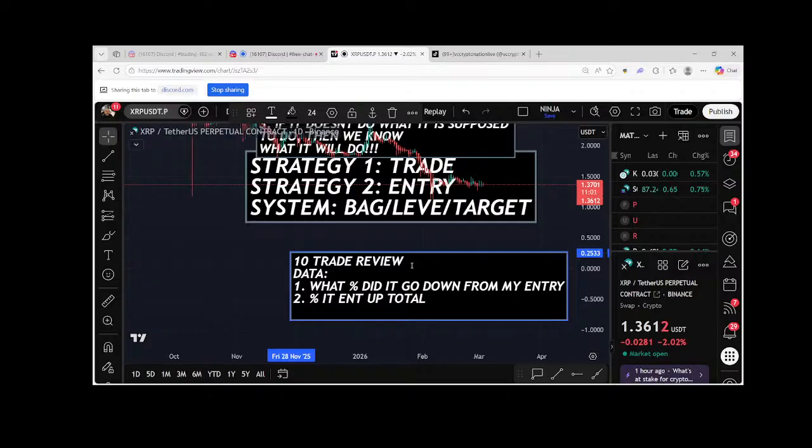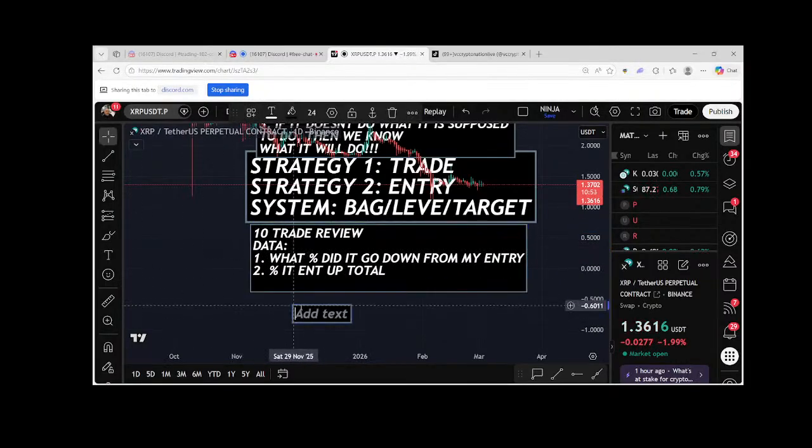So if we have a strategy, right, and in this strategy we do something very simple, right, and it goes like this. So trades. Okay, number one trade. After my entry, it went down 2%, and it went up 2%. Trade number two, 3% down, 2% up.